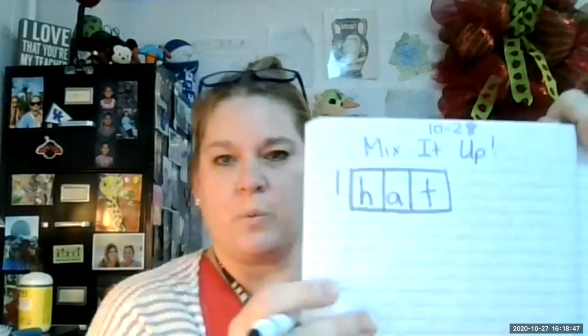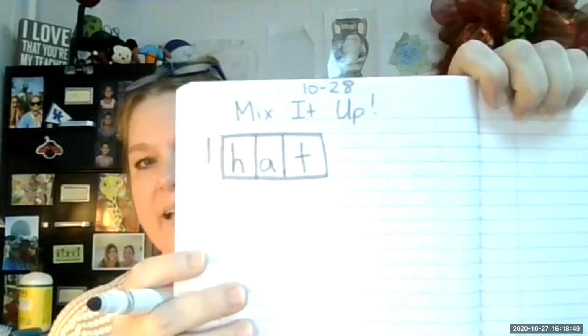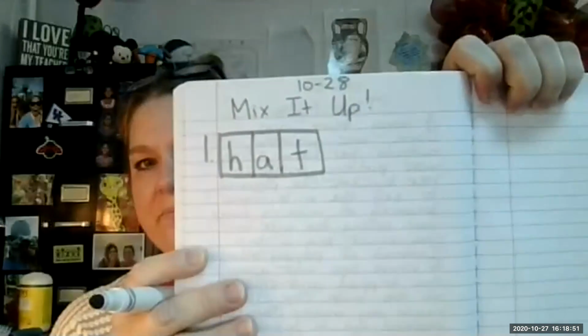The first sound that I hear is h, and I know that the letter H makes that sound. The next sound I hear, ah. I know that an A makes the ah sound. Then I hear t, and then I know that's a letter T. So I have the word hat.